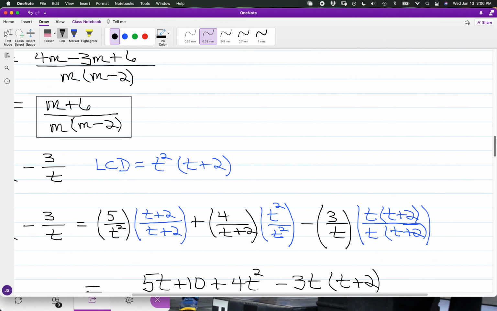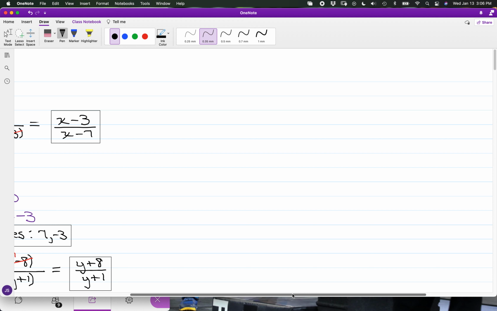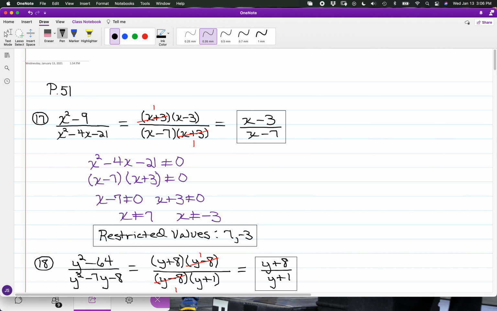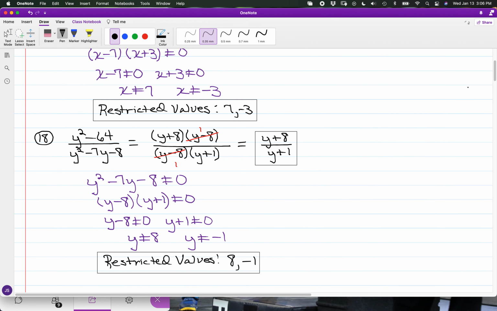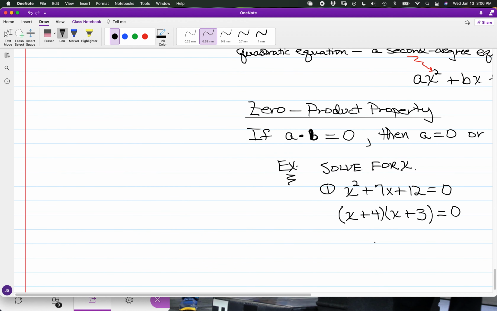This is back when we were looking into the restricted values. So this in a way was the zero product property, but we were looking at what was disallowed in x from being equal to 0, and also what was disallowed in y from being equal to 0 from those first two problems. But now we're looking at solving, upon setting equal to 0.